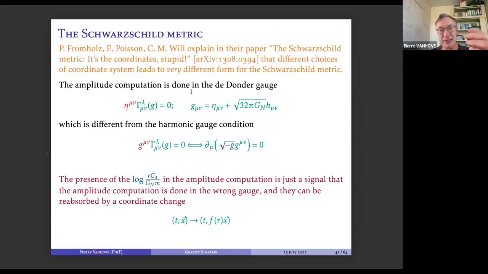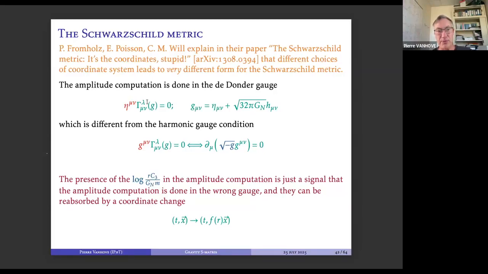So the problem is that, as I said, this is the natural gauge, I should have said that, when you solve classical Einstein's equations. You take your favorite book about general relativity, for example Weinberg, and when they present the solution to the Schwarzschild metric, they work in this gauge, right?